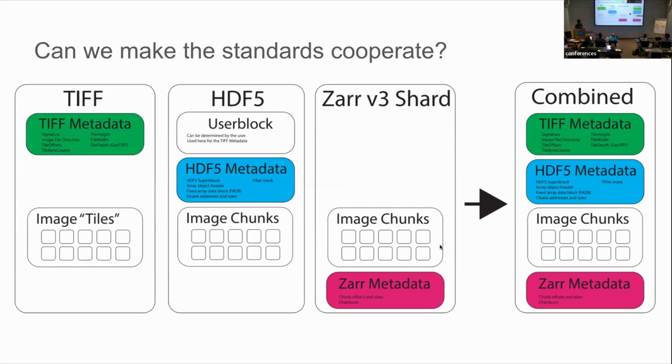So it turns out if I take a look at TIFF, HDF5, and Zarr shards, actually they fit together pretty nicely. People have done work to cloud optimize TIFF files, compiling the TIFF metadata at the beginning. You can even do 3D chunks inside a TIFF file these days, using GeoTIFF. With HDF5, you have a user block where you can stuff that TIFF metadata, but then you can have the HDF5 metadata all consolidated near the beginning.